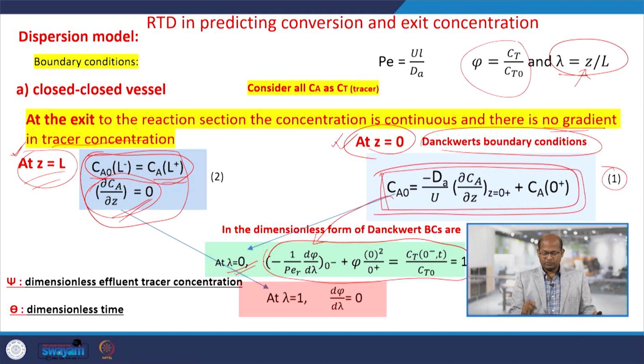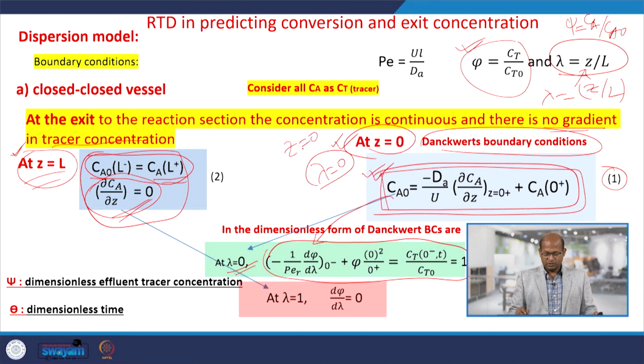At z equals 0, psi equals Ca by Ca0, and lambda equals z by L, so lambda equals 0 at z equals 0. So these equations we can express in terms of this.